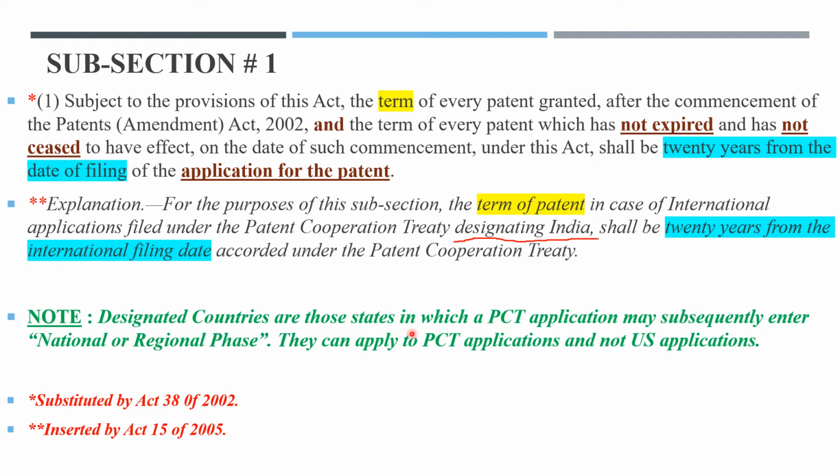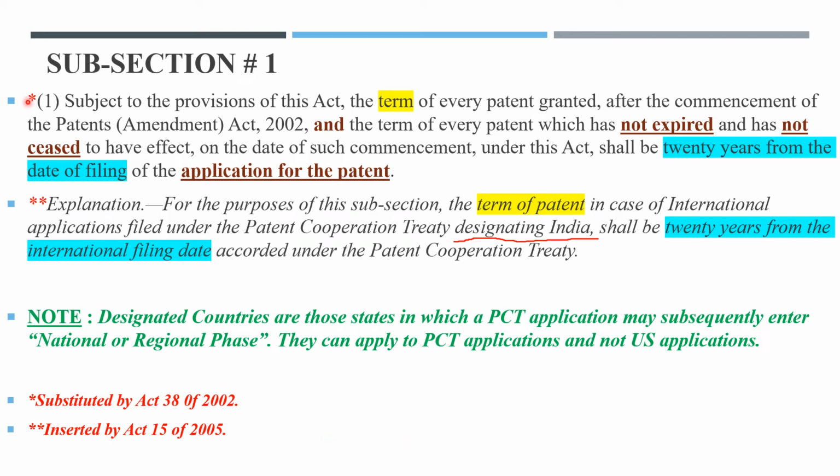Designated countries are those states in which a PCT application may subsequently enter national or regional phase. And they can apply to PCT applications but not to US applications.